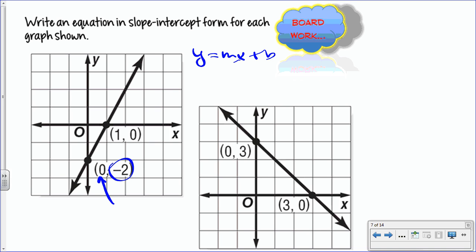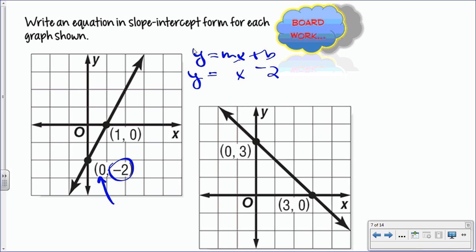Because x is what? 0. Or it's falling on that y-axis, right? Good. So -2, we'll plug that in. Do I put anything in for x? No. Do I put anything in for y? No, good.